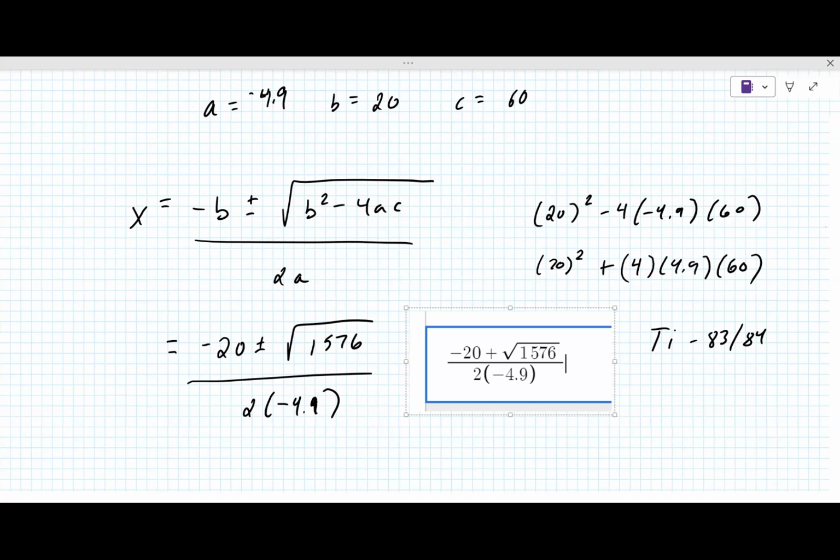And on the bottom, the denominator, it would be negative 9.8. Yes. So it would be x equals negative 20 plus the square root of 1,576 over negative 9.8. Yes. Okay, that's what I got. So that's good.